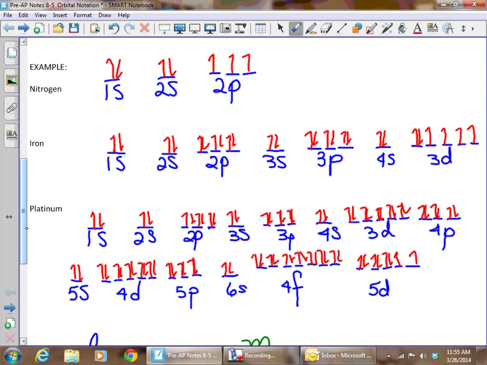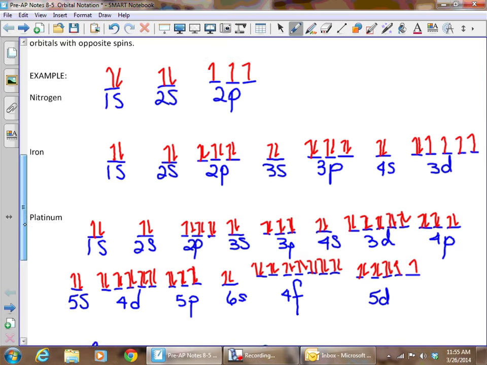Today, what we're going to look at is something called the quantum number set.